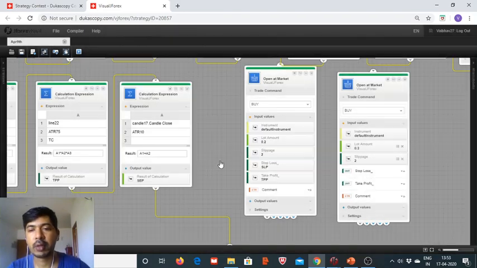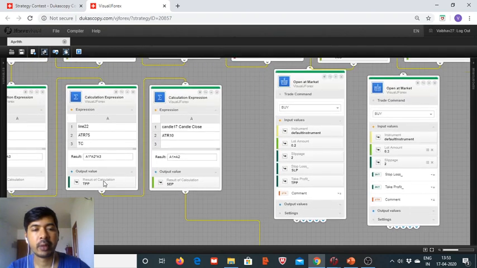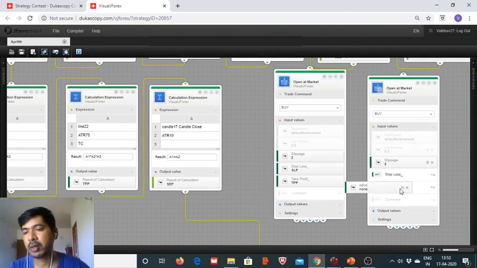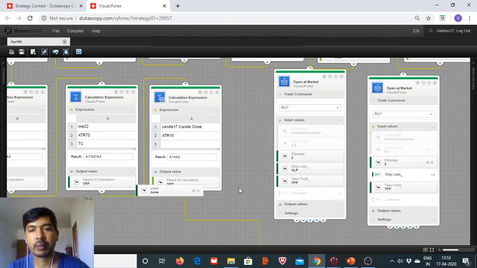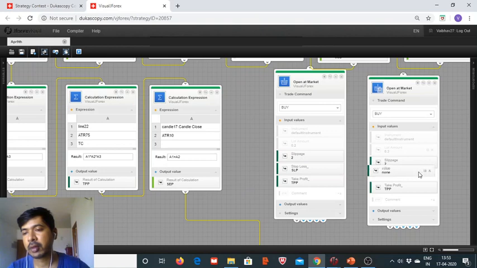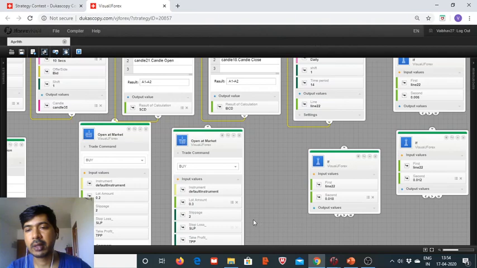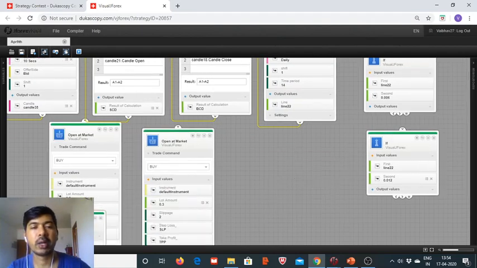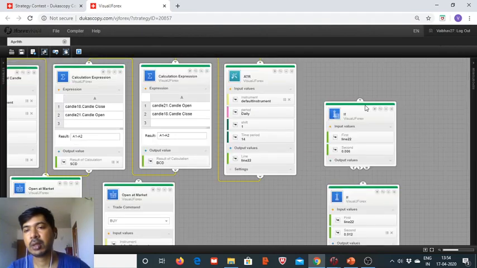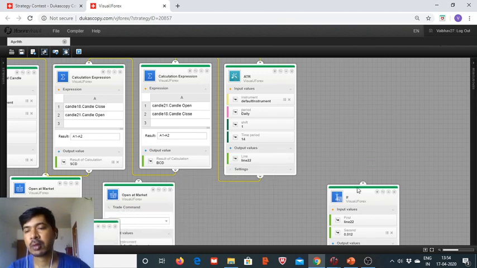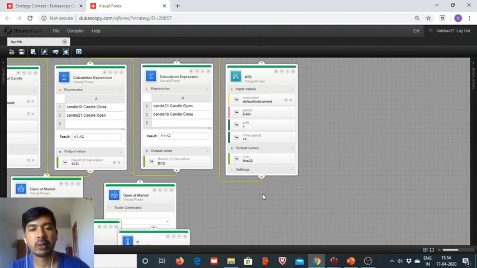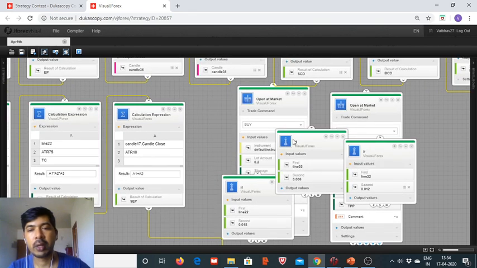Here also again we remove that, and the TPP comes in its place, and here comes the SLP. So these changes we need on the buy side, and now we are going to attach these modifications to our earlier algorithm.